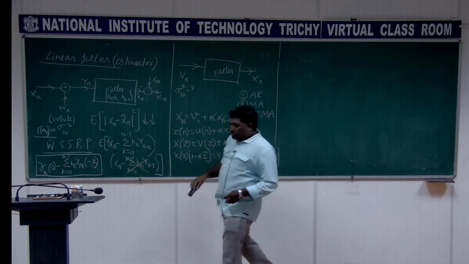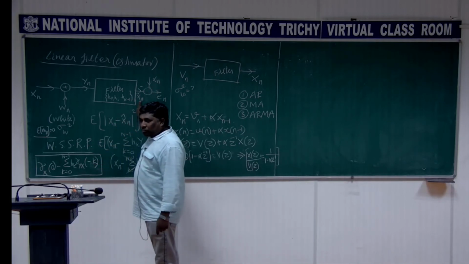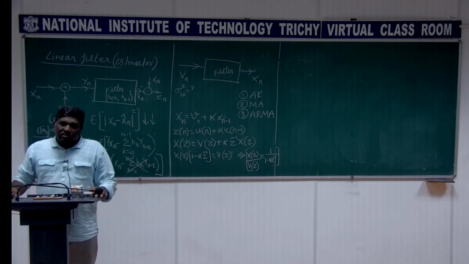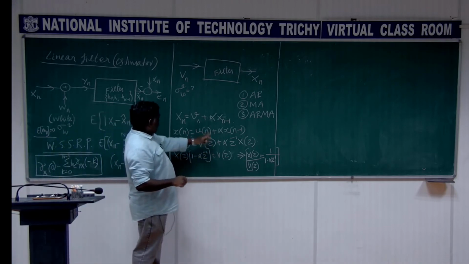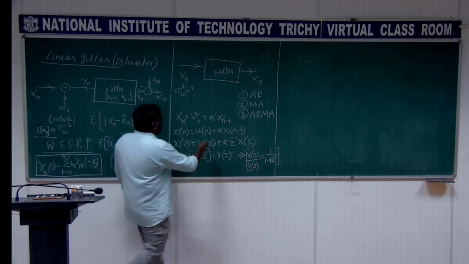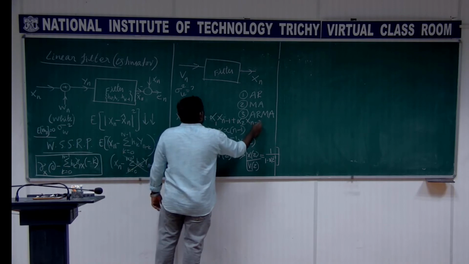In the previous example, we had Xn and Xn cap, and we tried to minimize the difference. Here the idea is we are treating the terms: alpha 1 Xn minus 1, and of course if you want we can include one more, alpha 2 Xn minus 2.